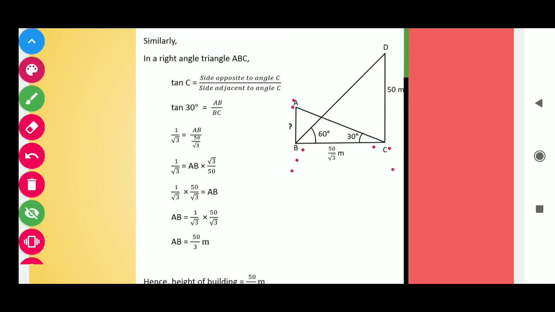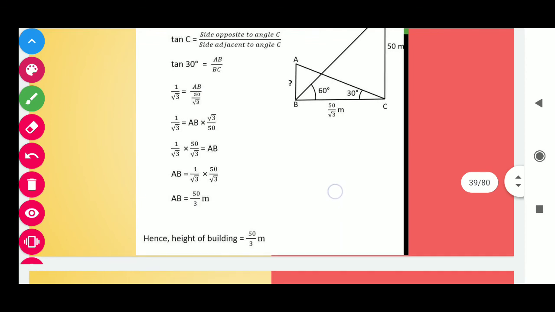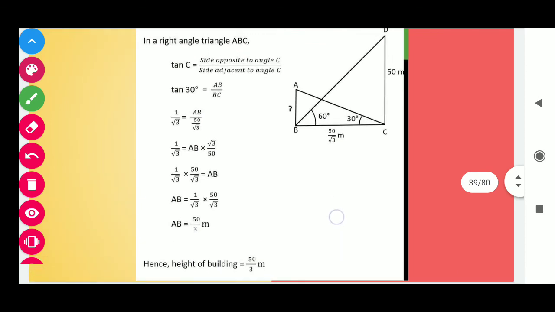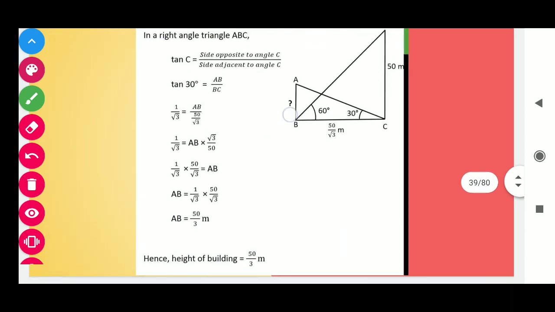So students, here value of tan 30 is 1 over root 3, AB over BC and BC is 50 over root 3. By doing the cross multiplication we get AB is equals to 50 over root 3 into root 3, that means 50 over 3 meter. So students, hence height of the building is 50 over 3 meter.